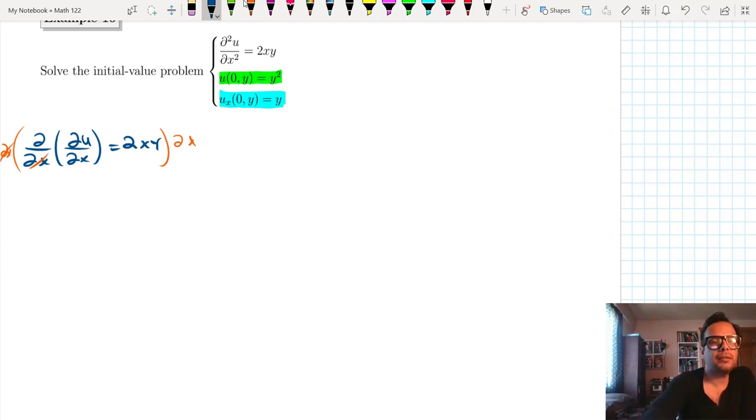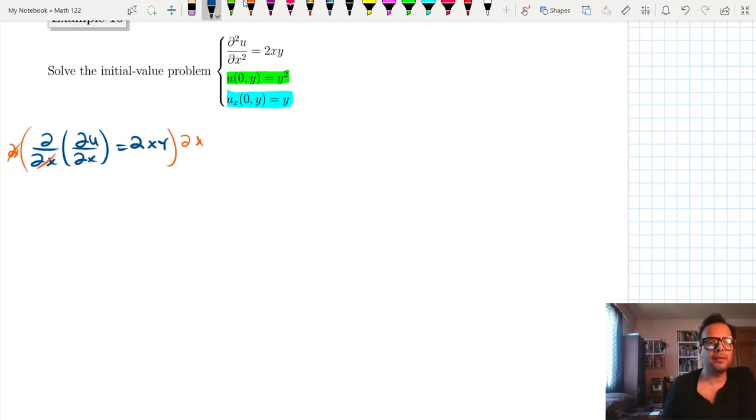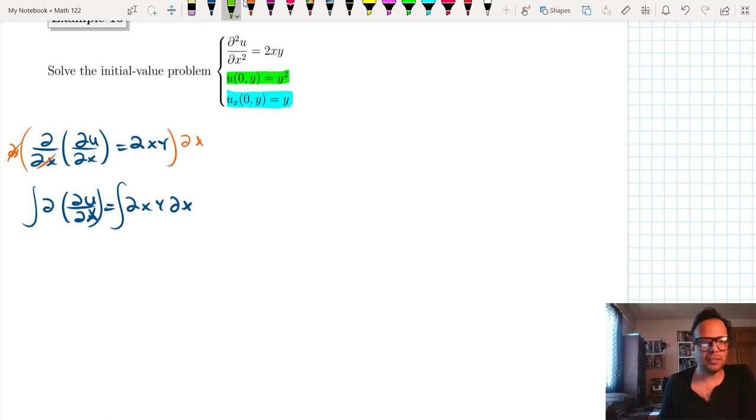So we get the partial d of du dx equals 2xy dx. Okay, so let's integrate both sides.